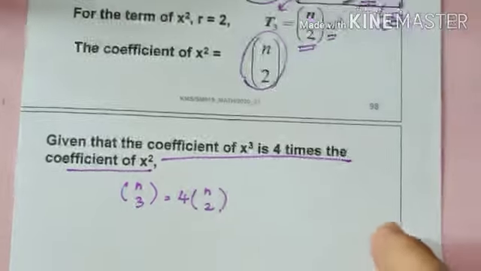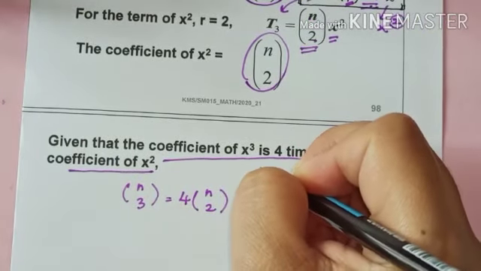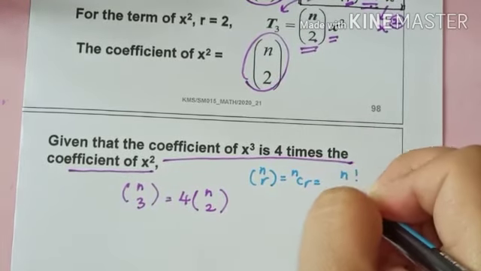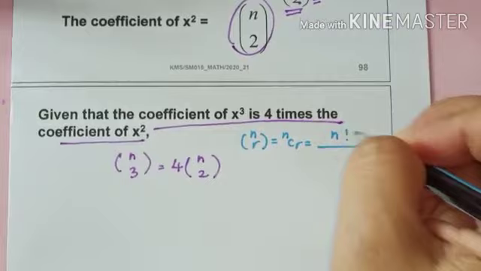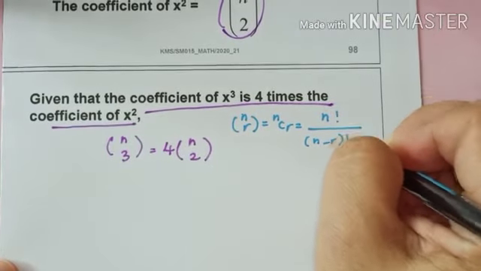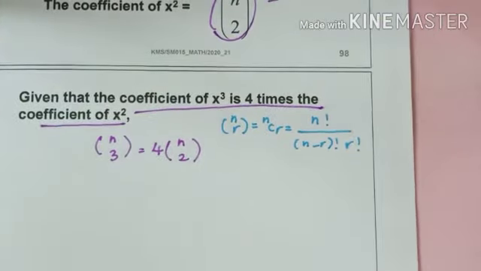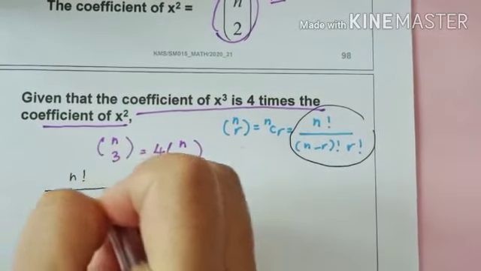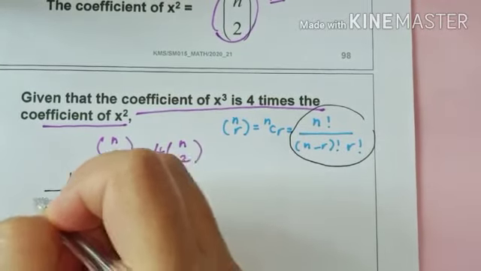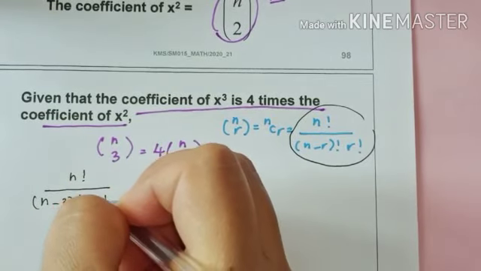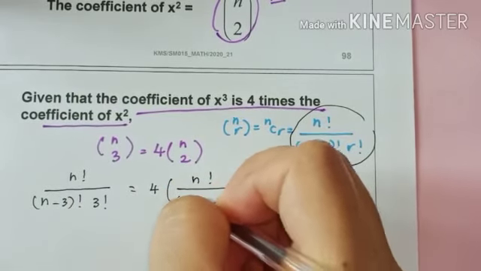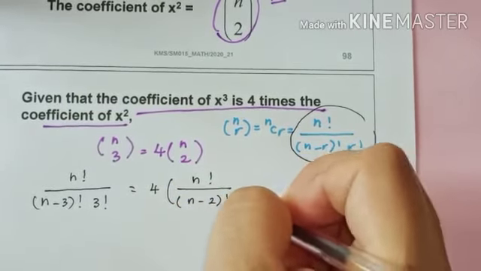Now you have to use the formula: nCr, you can use it as nCr, or we use this formula, n factorial over (n minus r) factorial times r factorial. So nC3 is n factorial over (n minus 3) factorial times 3 factorial, which is equal to 4 times n factorial over (n minus 2) factorial times 2 factorial.